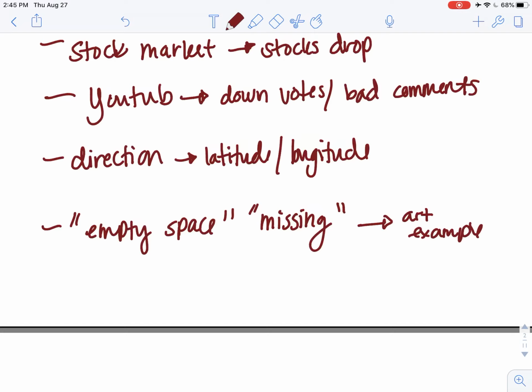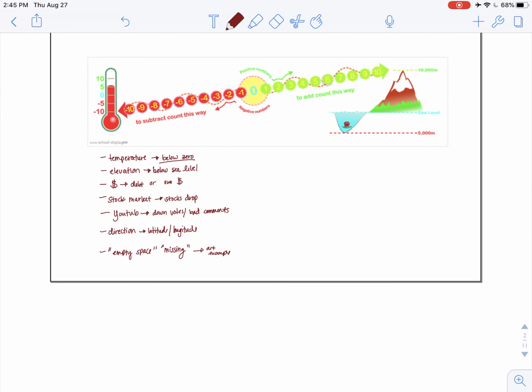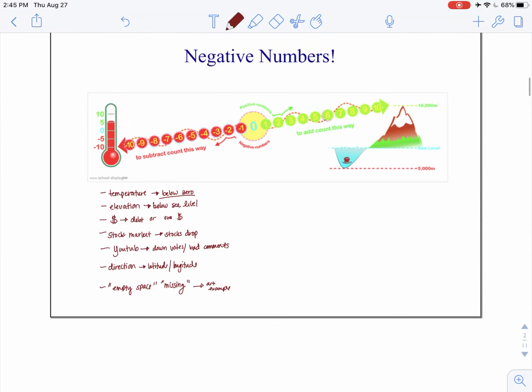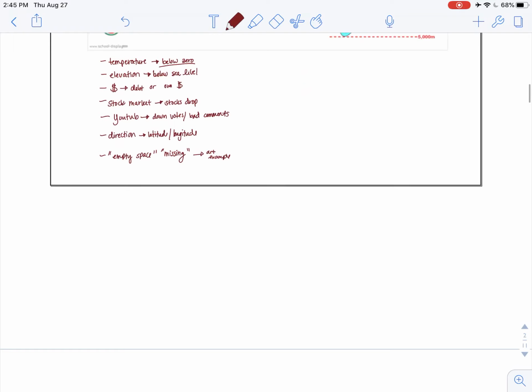So that is an example of empty space, missing negatives. Now, these can all be translated to positive numbers, but we've been working with positive numbers our entire life. So with temperature, that's above 0. With elevation, it's above sea level. When you have positive money, that means you have that amount of money. So we're not going to review positive numbers so much.